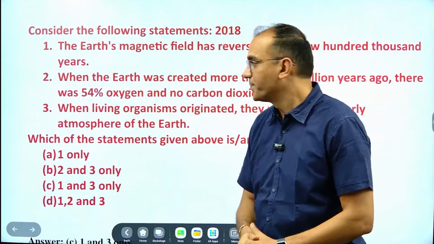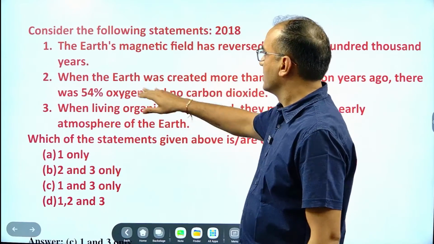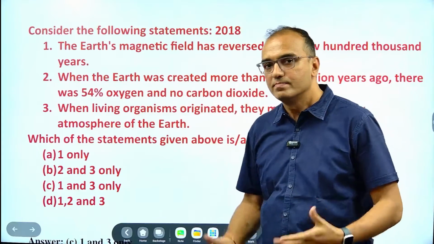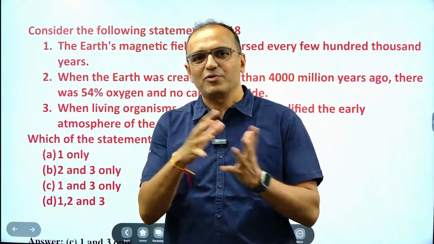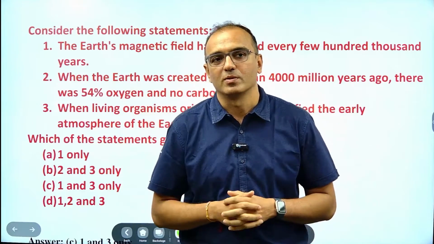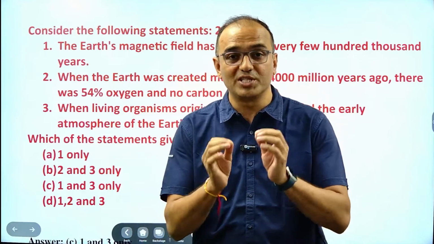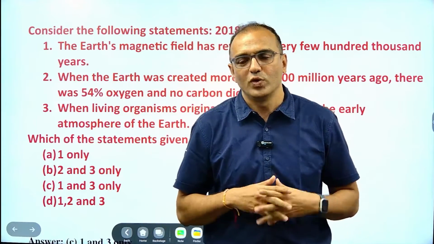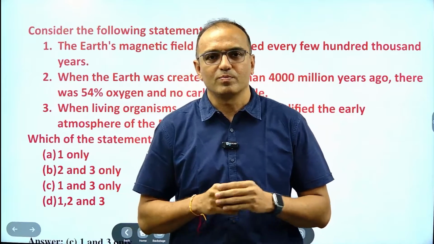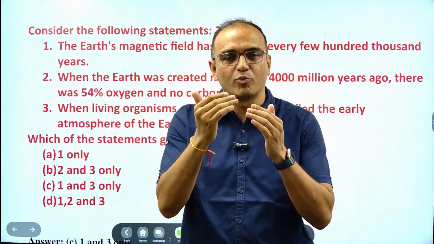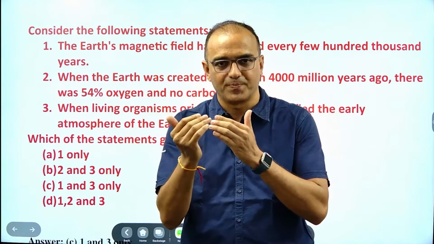The next question: consider the following statements. The Earth's magnetic field has reversed every few 100,000 years. Now, calculate this, 100,000, it's a large number. And if you have studied your basic geography, especially the sea floor spreading and plate tectonics part, you will agree, that particular diagram you have in NCERT also, that the North Pole and South Pole shift, right?